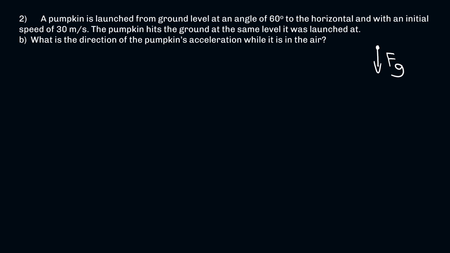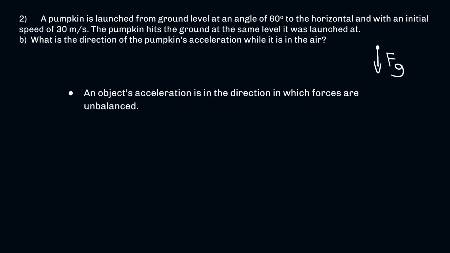My initial fact, my evidence for this situation, comes again from Newton's second law, and it says that an object's acceleration is in the direction in which forces are unbalanced. That's going to be my evidence when I do my ERC.